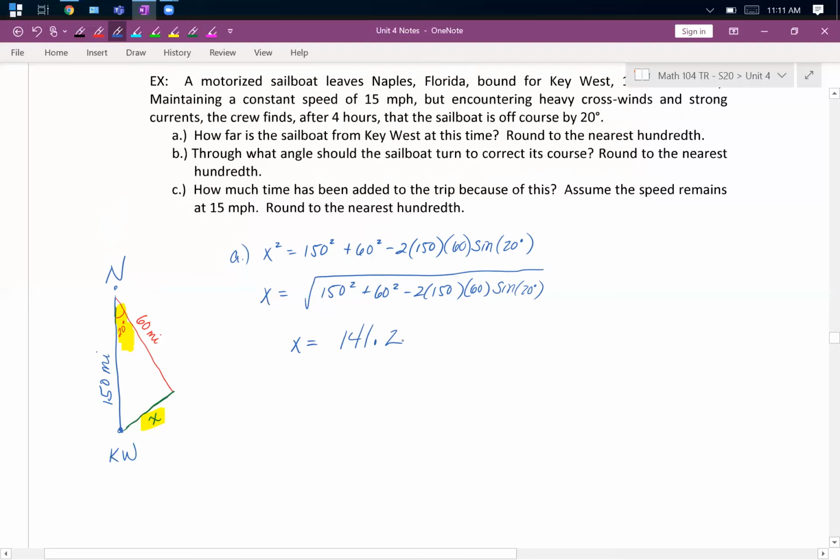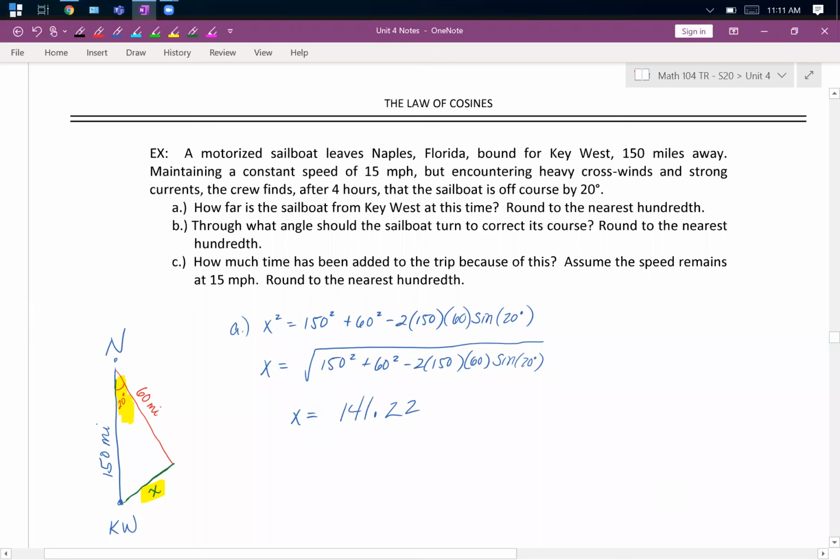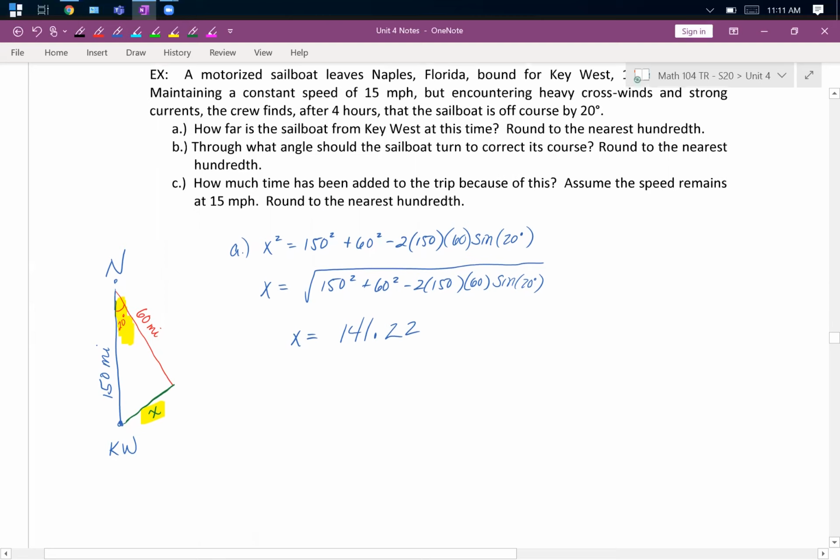You can put it in the chat if you don't want to talk. Oh, you got the same thing, 141.2. Huh, okay. All right, we're going to hundredths. That's 141.22. Okay, so that's how far they are away from Key West right then.